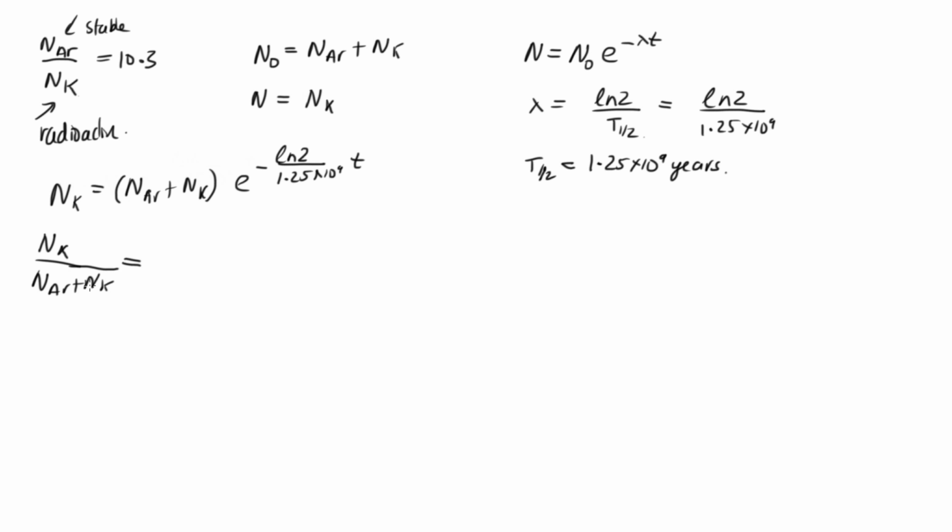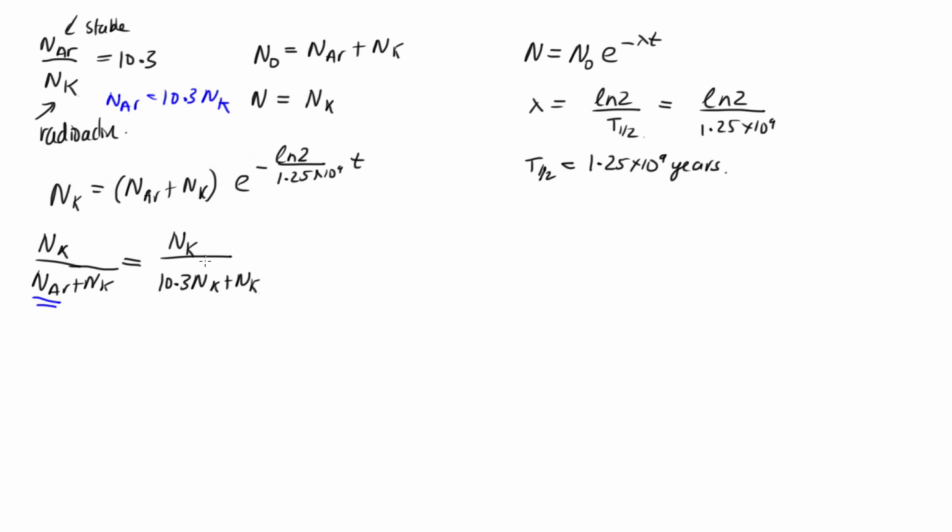So we've got, in this case, Nk over N argon plus Nk. Now let's just simplify this down a bit, because we've got this equation up here, and we can rearrange this equation here to write, well, N argon is equal to 10.3 Nk. So we can replace this with this expression here. So doing that, we've got Nk over 10.3 Nk plus Nk.